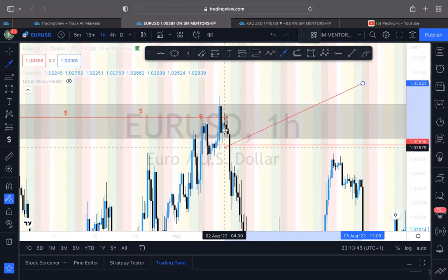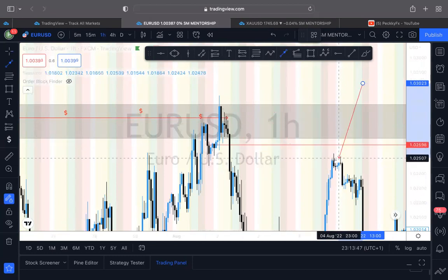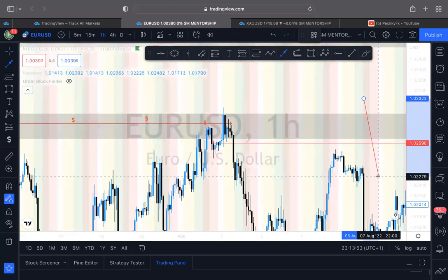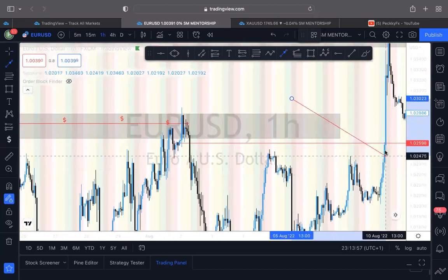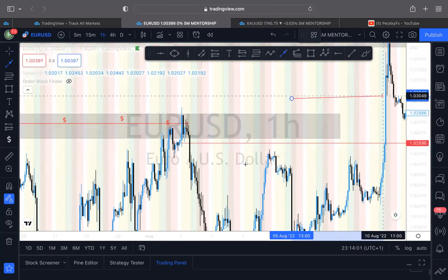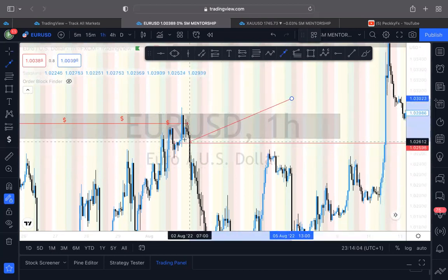This imbalance was here, and this high is coming back during what time? New York session. What happens? Look at when it is coming back: New York session. Blast.